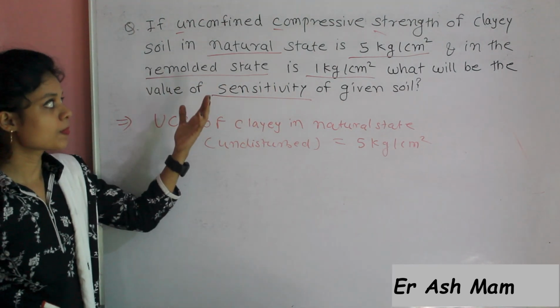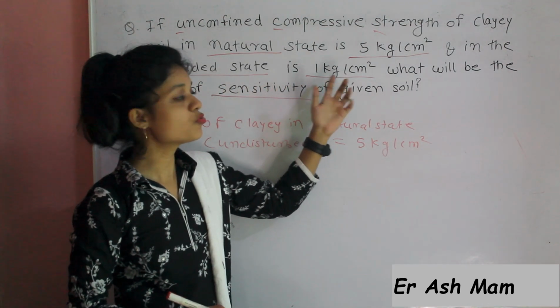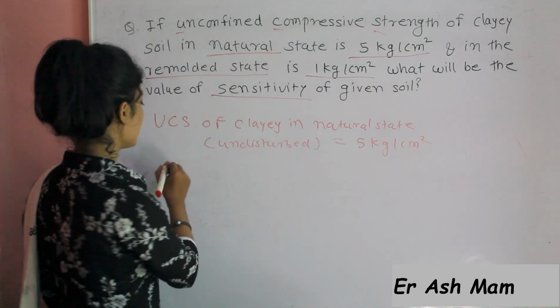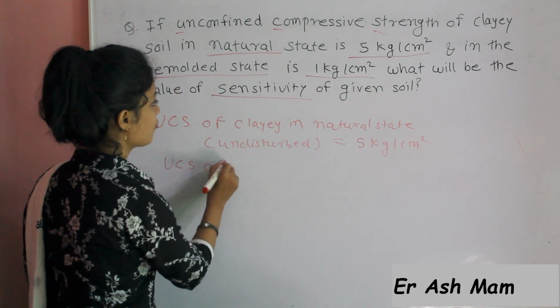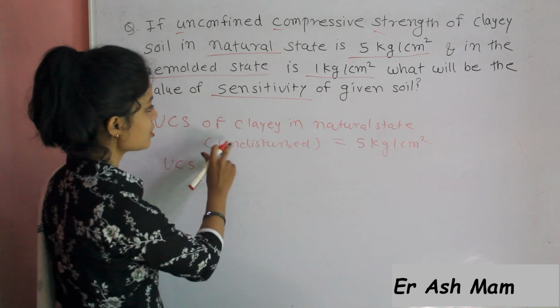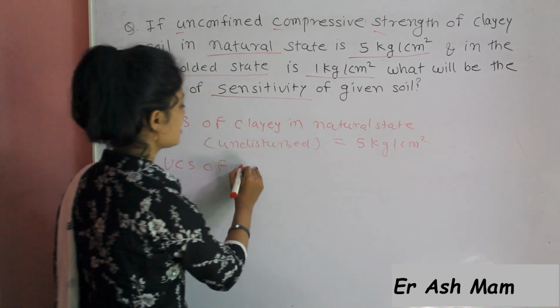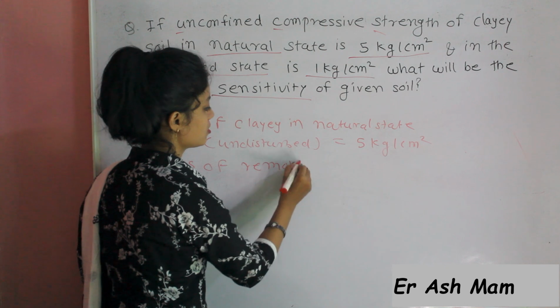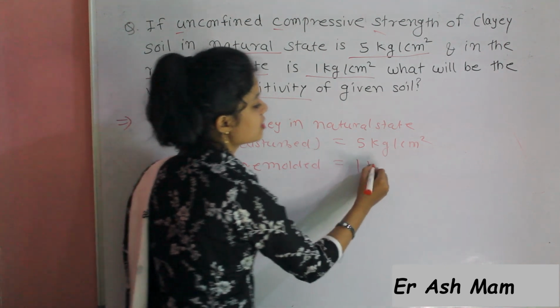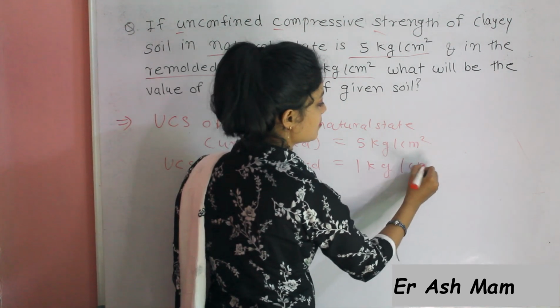After remolding, strength becomes 1 kg per centimeter square, that is UCS of clay soil in remolded state equal to 1 kg per centimeter square.